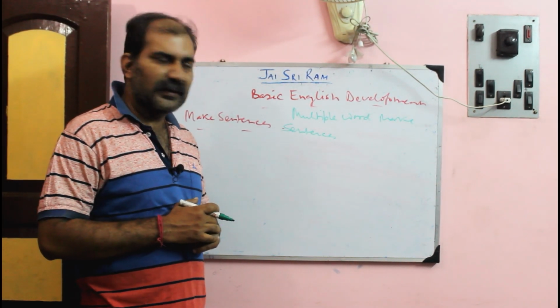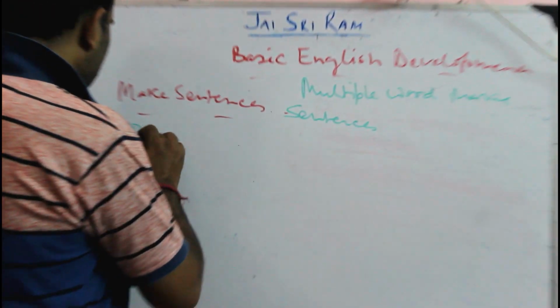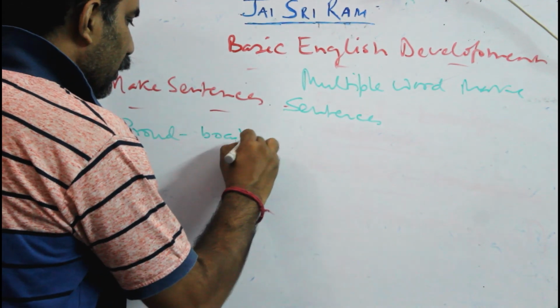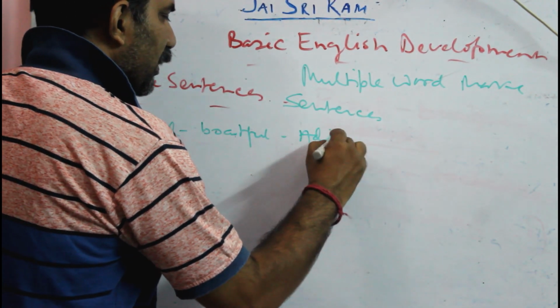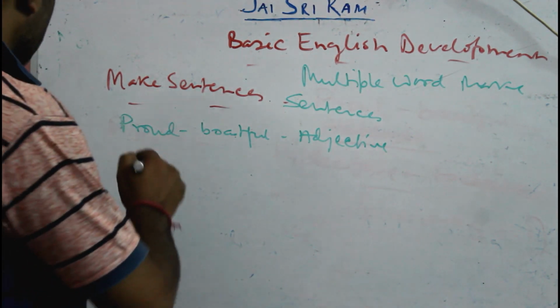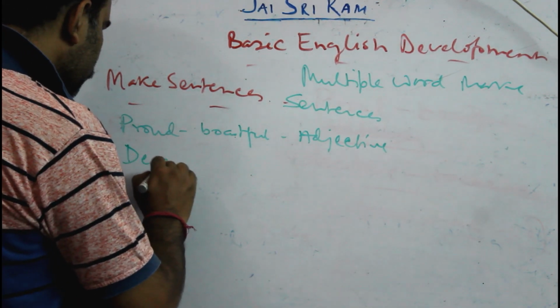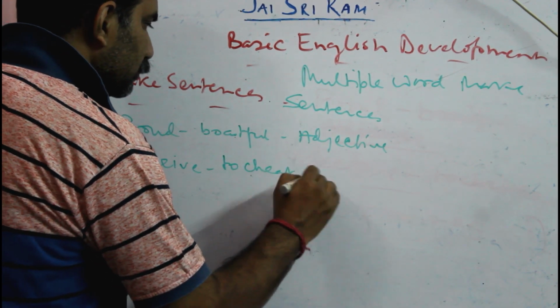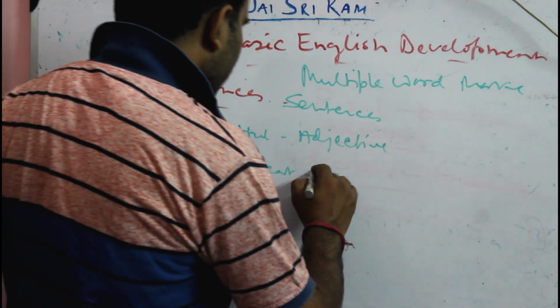What is multiple word make sentence? Suppose there is a word proud, you write the meaning boastful, you write the parts of speech, adjective. Suppose there is another word, deceive, to cheat, and it's a verb.